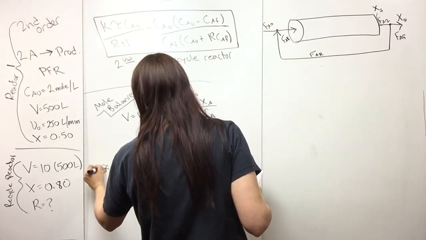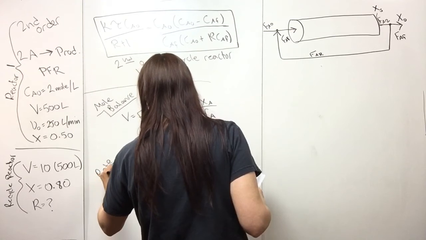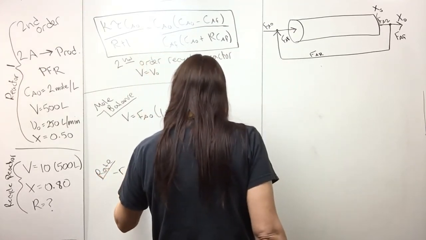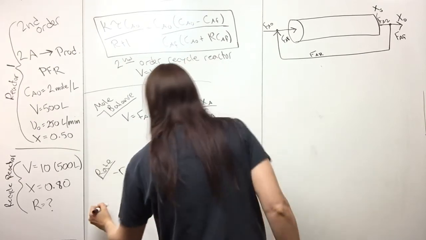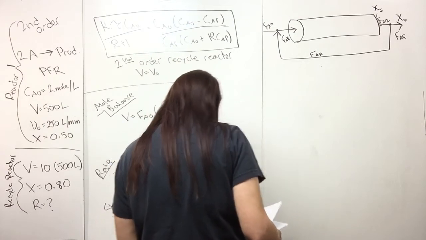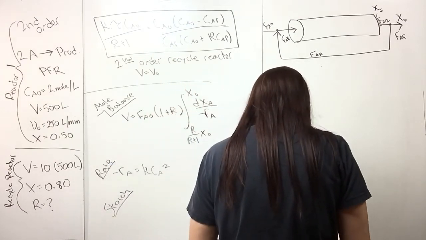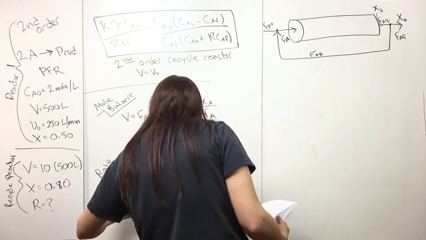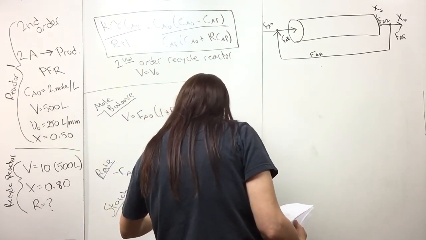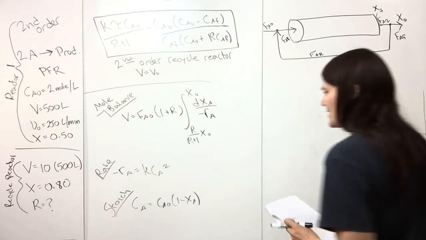The rate is still second order, so minus RA equals k CA squared. And then for the stoichiometry, you had CA equal to CA naught times (1 minus XA).